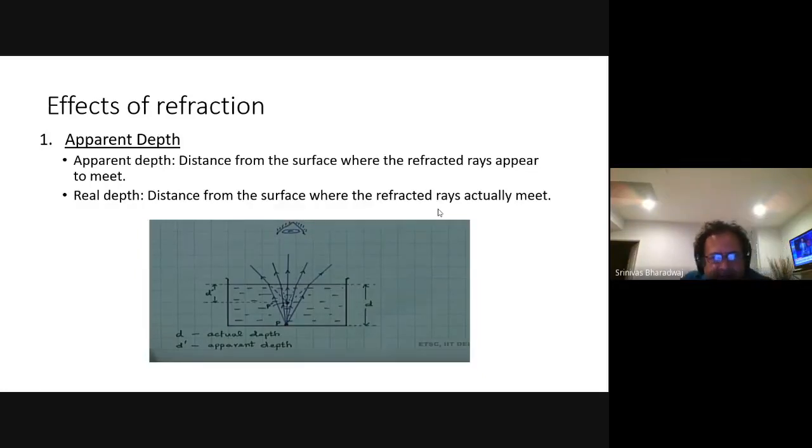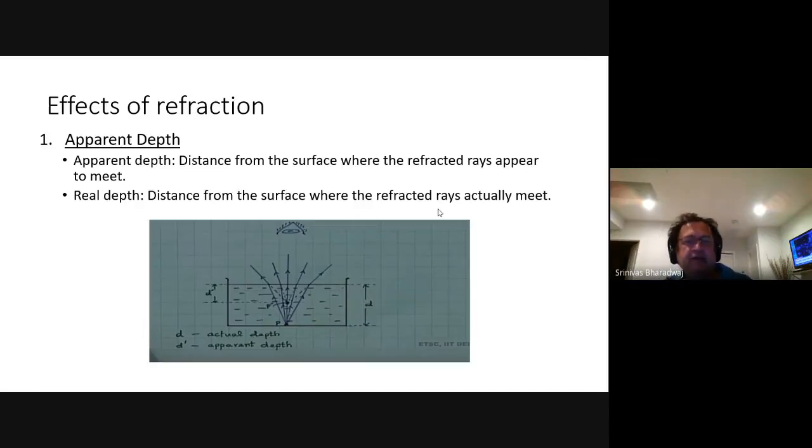So you have glass underneath, then you have reflection, refraction, and then reflection back. At the end of the day, you have an apparent depth which is much less than the real depth, with respect to what the eye sees. The real depth is where the refracted rays actually meet.